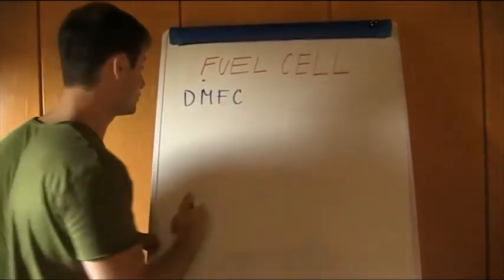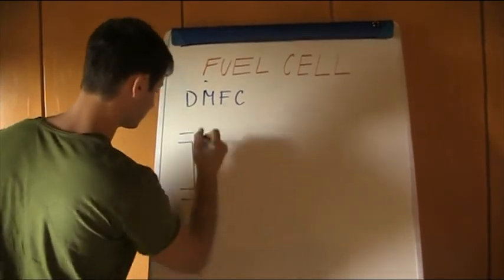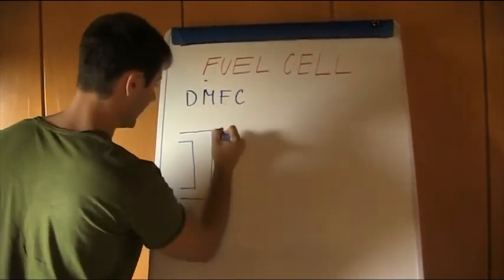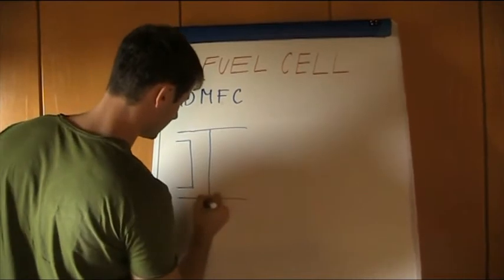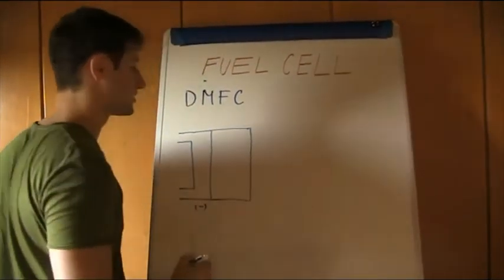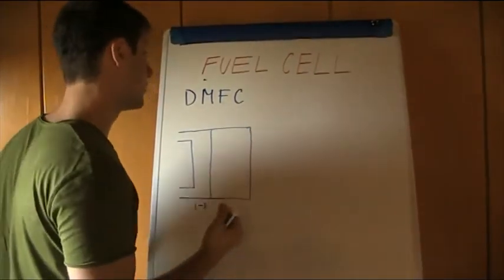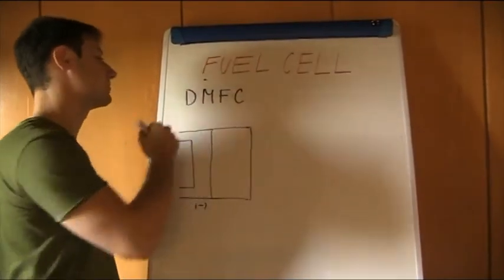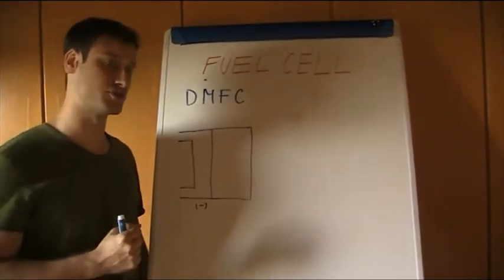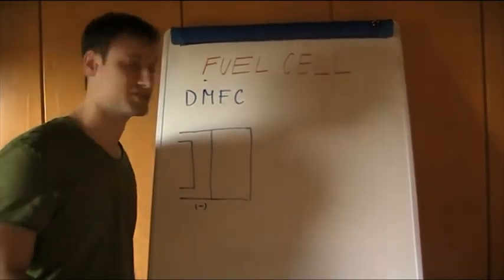So if we want to define the overall structure, again we have our anode, our negative electrode, in which platinum particles are used in order to promote the oxidation. We will see how in the direct methanol fuel cell it is important also to have the presence of rhodium together with platinum, and we will see why.